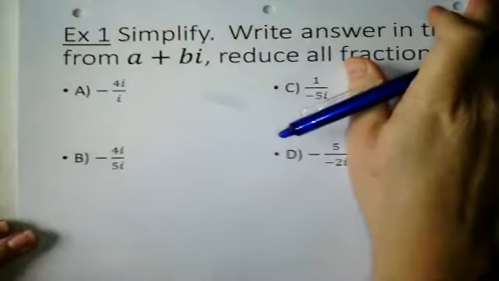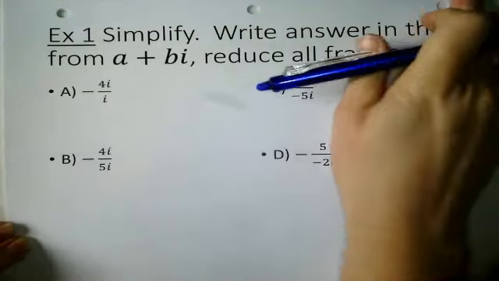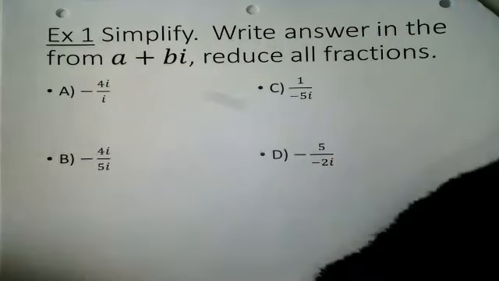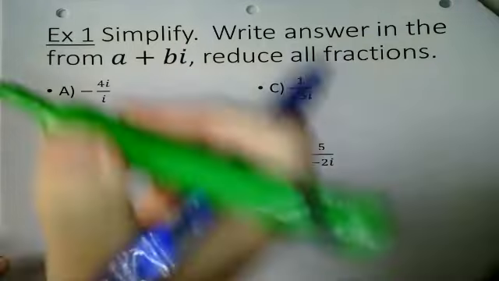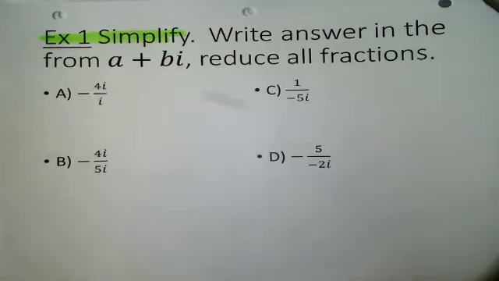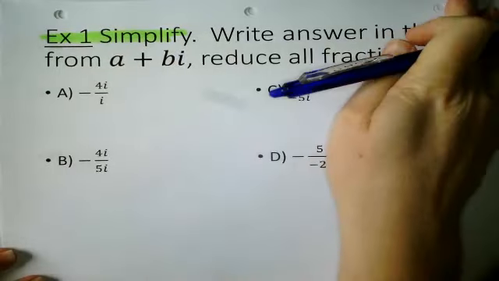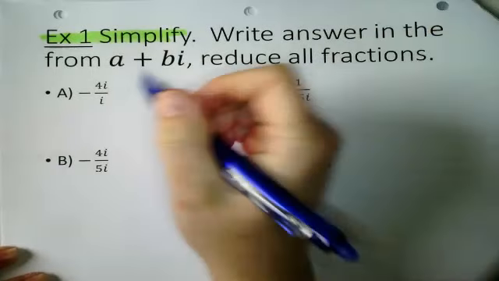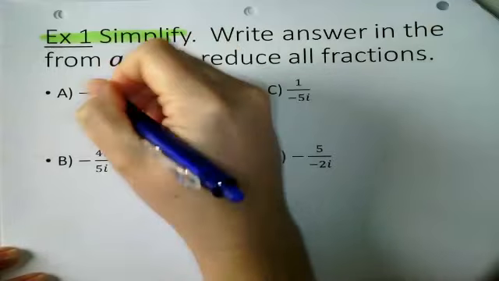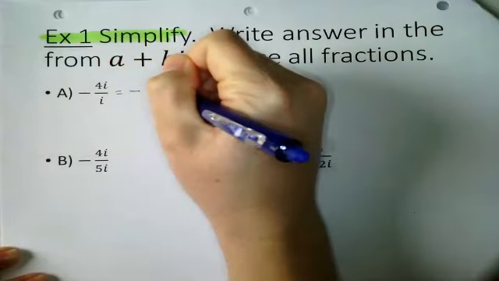Okay, so we're going to do some simplifying. So here, again, example 1, make sure you write down the directions. Reduce all fractions. Reduce if you can. All right, let's see what we've got here. So this is a fraction, and you'll notice that this is 4 times i.